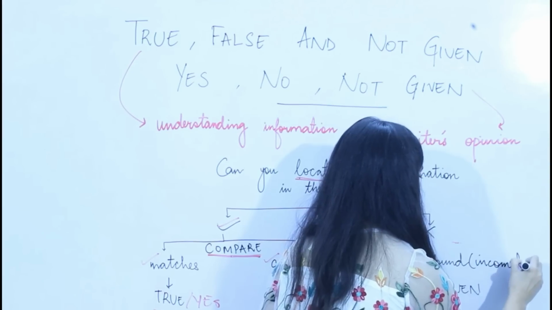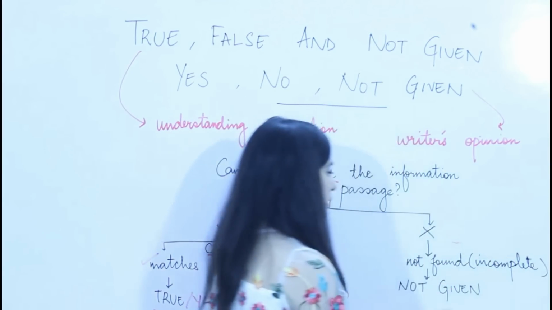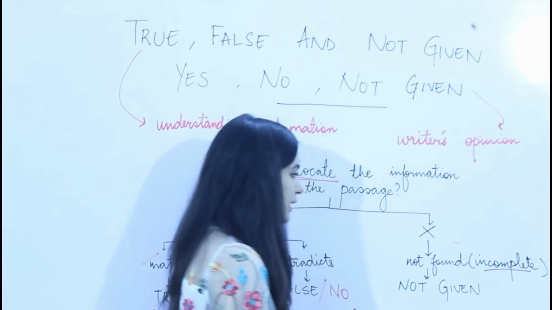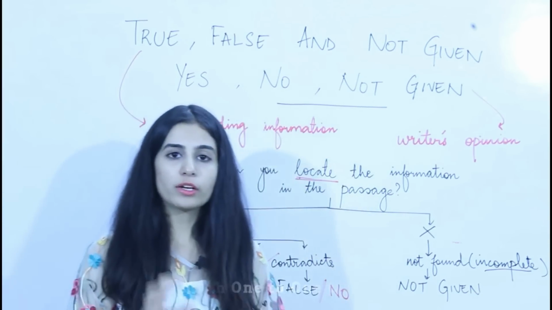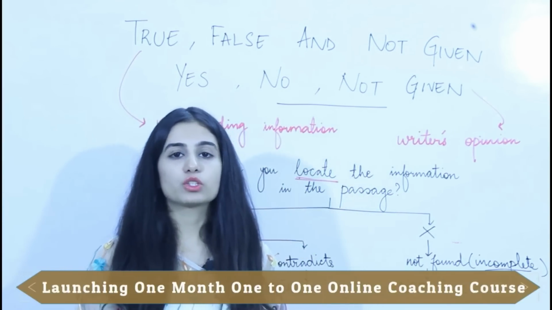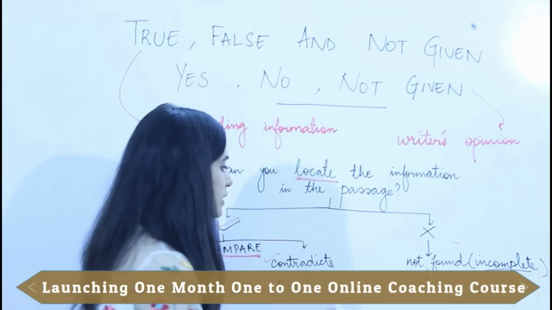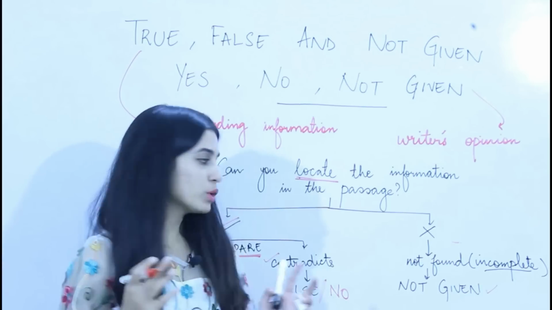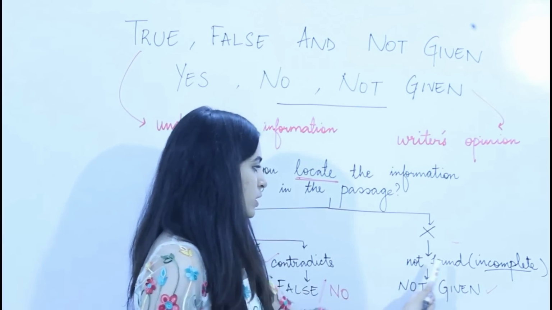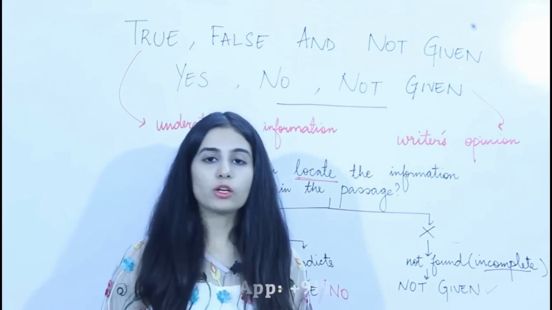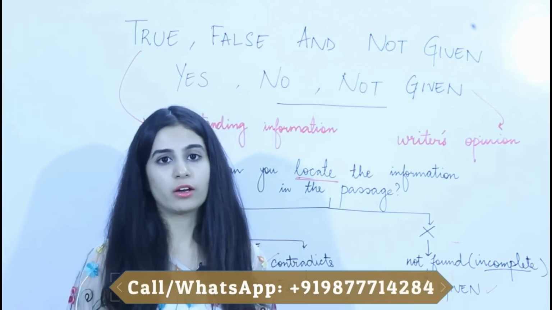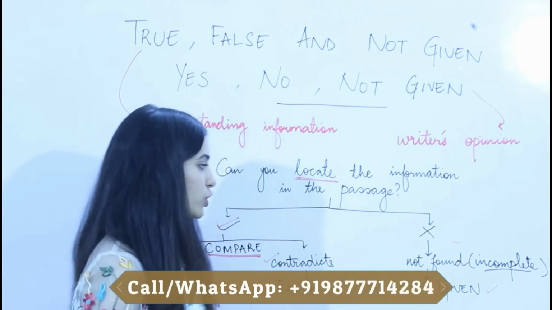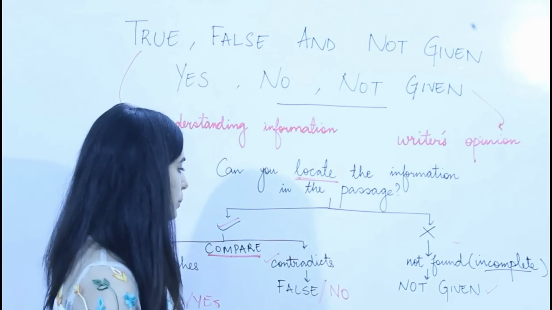You will find some similar sentence in your passage, but it would be incomplete. So if it is incomplete and you cannot find the exact information which is mentioned in your question, then you will answer it as not given. Okay, if you cannot find it in a complete manner and cannot check for the information, then it will be not given.